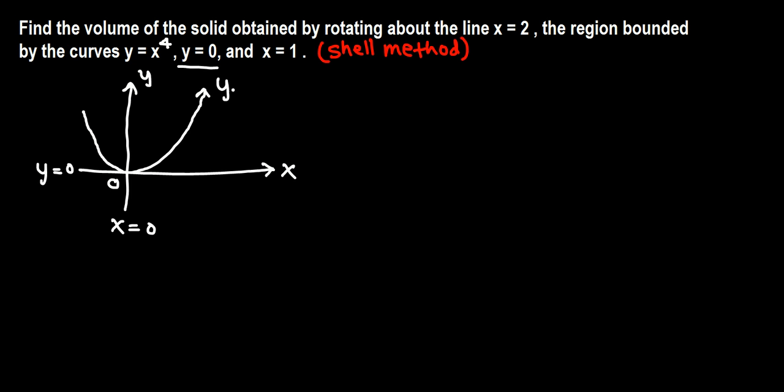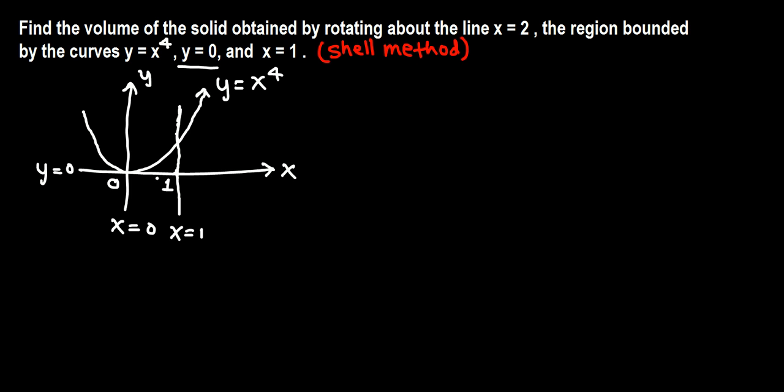Then y equals 0, that's the x-axis, and x equals 1 is a vertical line. So this part is 1.